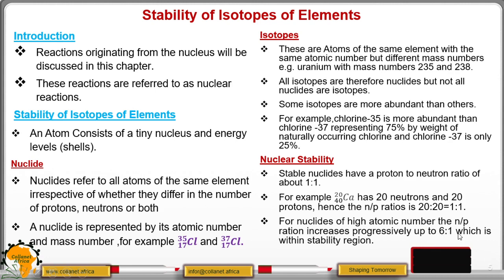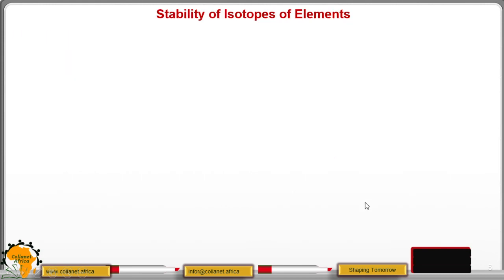And as the ratio increases, they will deviate from that stability and they will become unstable. But that ratio can go up to 6:1. When it is around 6:1, this ratio also falls within the stability region, as we are going to see in our diagram in the next slide.